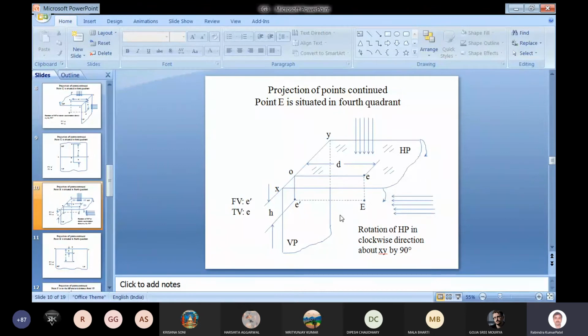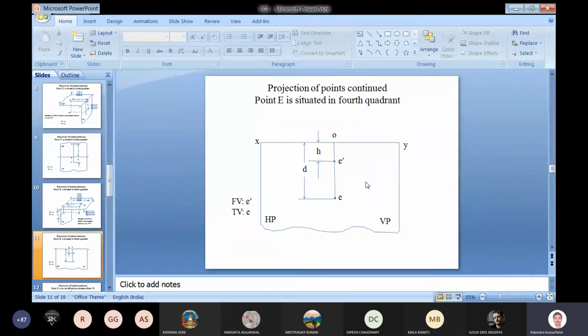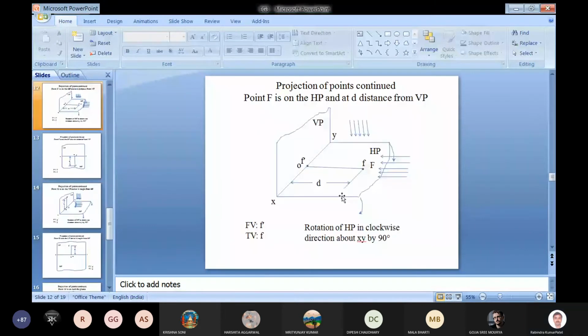So we will have this type of projection. Only projections will be shown below the reference line, that is the xy line, and here the height for the front view, and the distance for the top view can be shown as you can see. e dash is the front view, and e is the top view.